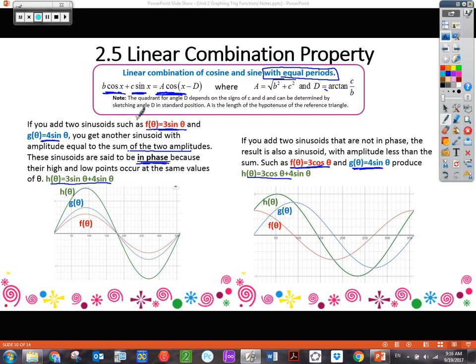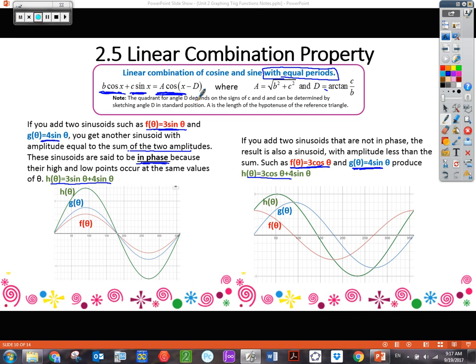We need to understand that b goes with the cosine regardless of which order it's in, and c goes with the sine regardless of which order it's in. Whether the sine comes first or last, it still has the c in front of it. When this is the case, we can rewrite it as a cosine of x minus d, or theta, whichever variable we're using. So let's see, how do we find a and d?